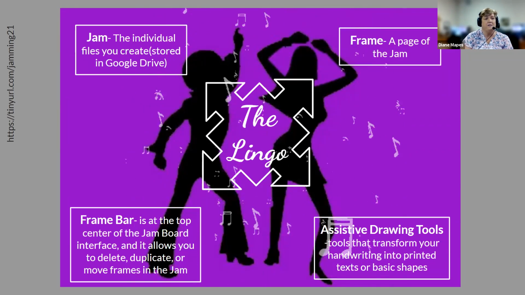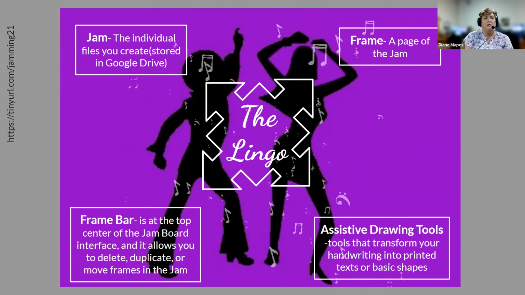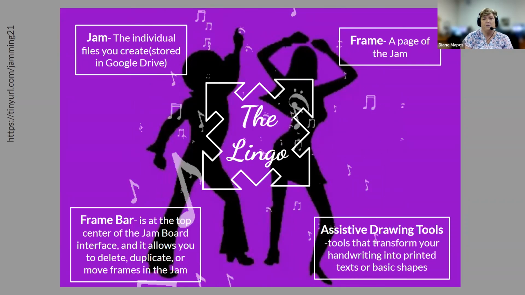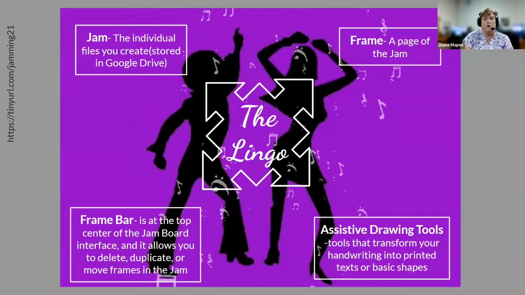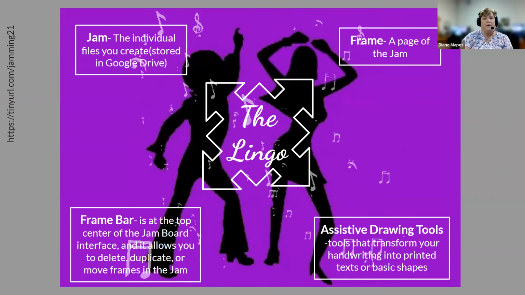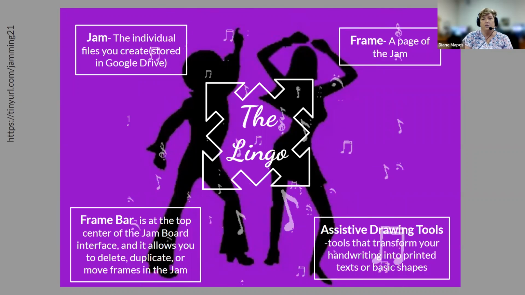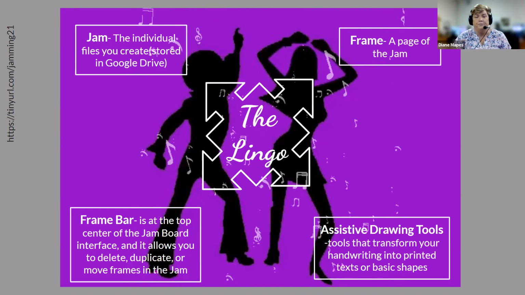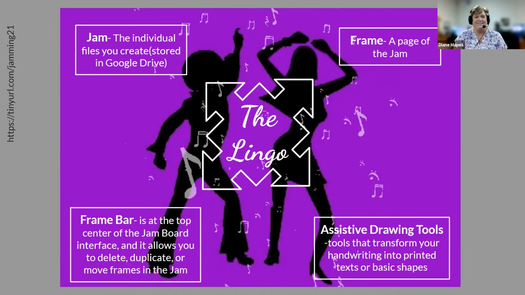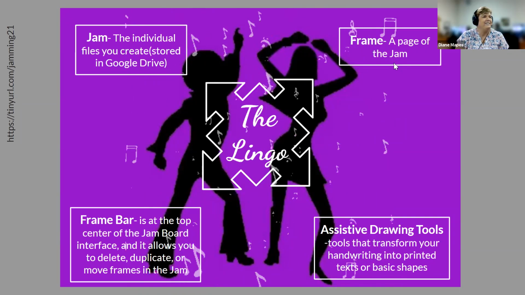And then the assisted drawing tools transform your handwriting into printed text and basic shapes. Those features are only available in the app, and I'm going to demonstrate those for you in just a minute. We're going to get to adding Gifs, so just hang tight.